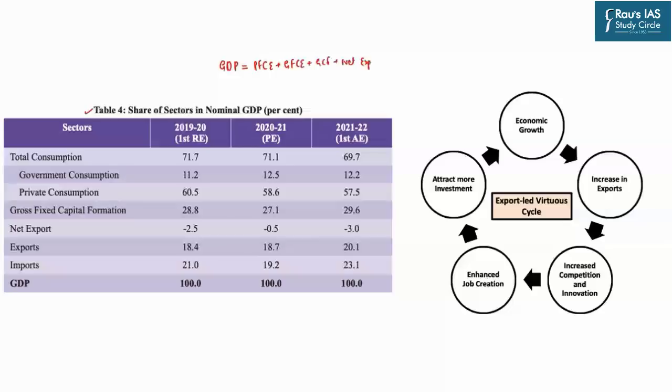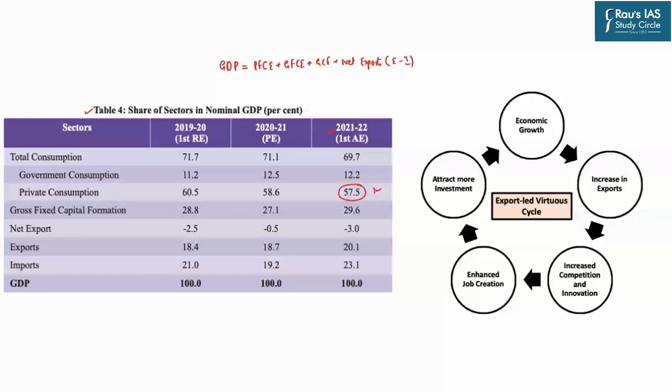Net exports is actually calculated as total exports minus total imports. This table shows the contribution of each of these drivers to India's GDP in the financial year 21-22. And as you can see, among these four drivers, it is the private final consumption expenditure which accounts for the highest share.